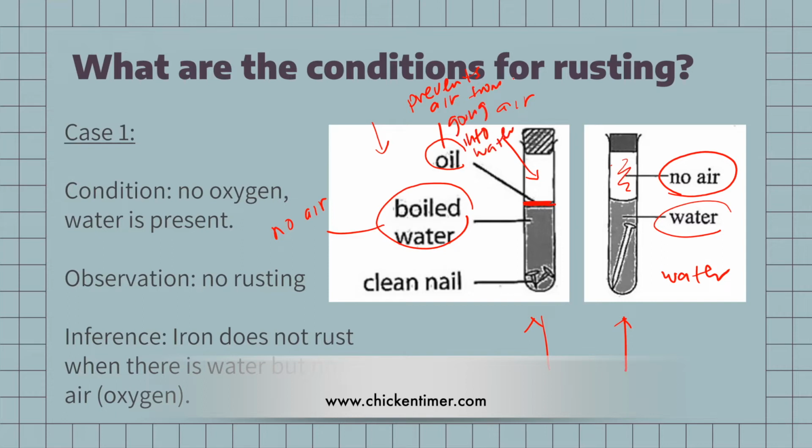So for these two setups, they make the setup only contain water but no oxygen. So the observation for this is that there is no rusting in the nails. So we will infer that iron will not rust if there is no oxygen, but there's air. This is the first case.